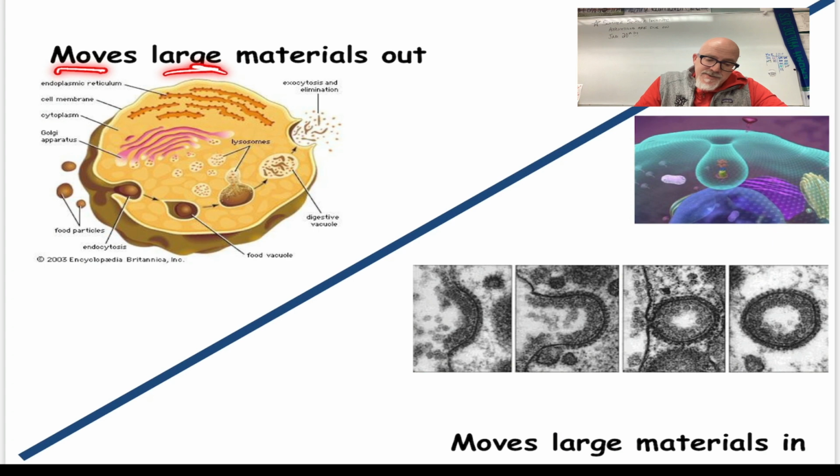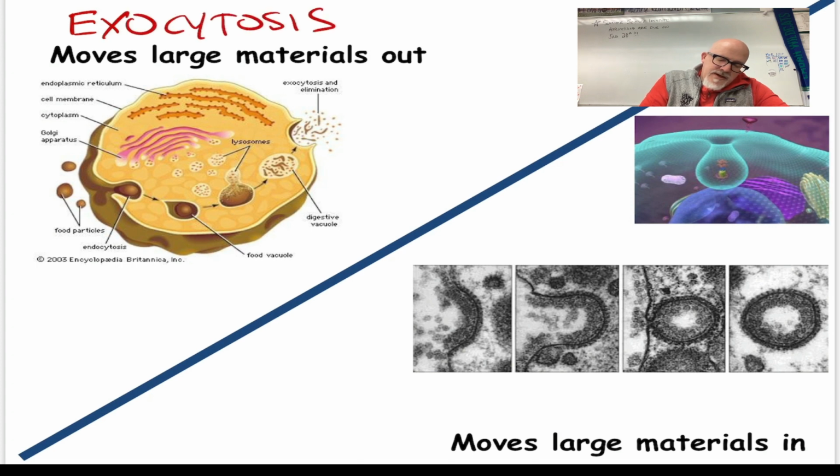Moving large materials or large groups of stuff out is called exocytosis. And again, I'm all about the power of words. Exo means out or exit. Cyto means cell. So stuff is moving out of the cell, okay?